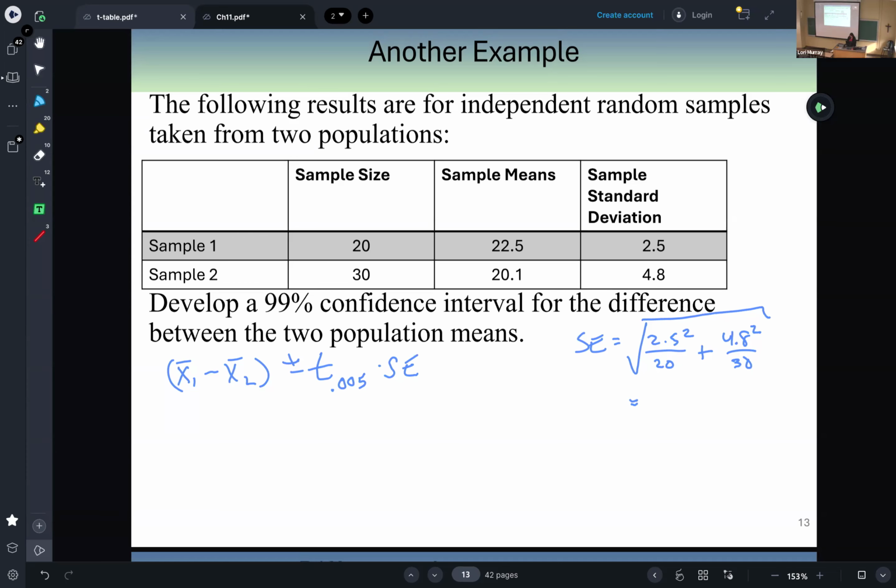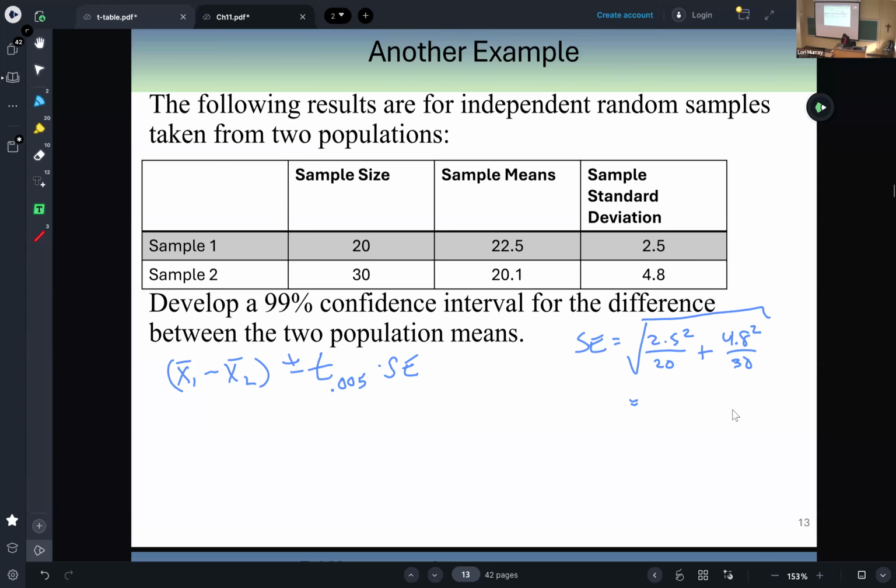I'll do it along with you. All right, so we just get 1.0395, right? And then we're going to plug those in, so this equals 22.5, subtract 20.1, make sure they stay together, plus or minus.